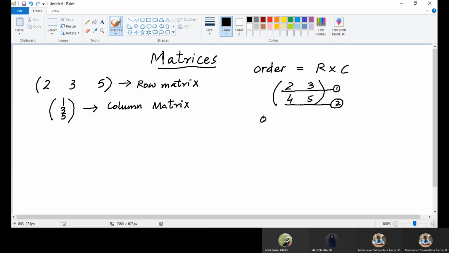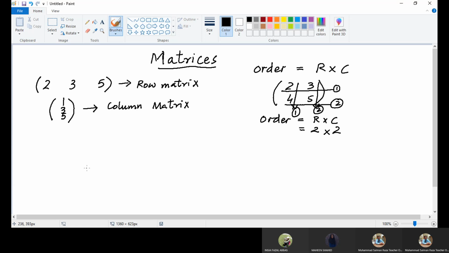When we are writing the order, the formula is row into column, so 2 rows, then the sign of into, and then 2 columns. Column number 1 is this, and column number 2 is this. So it is a 2 by 2 matrix.